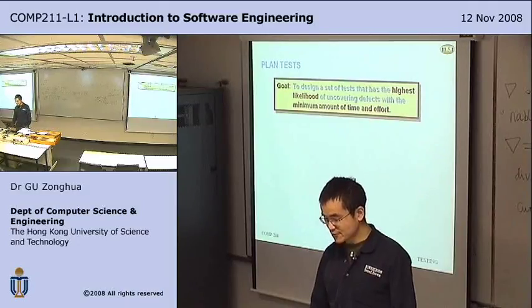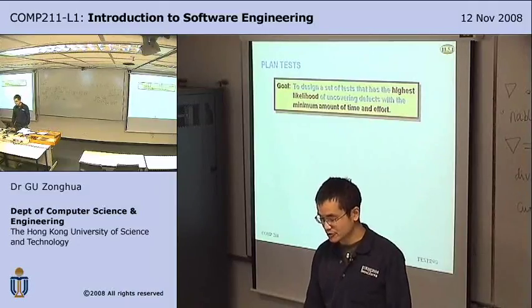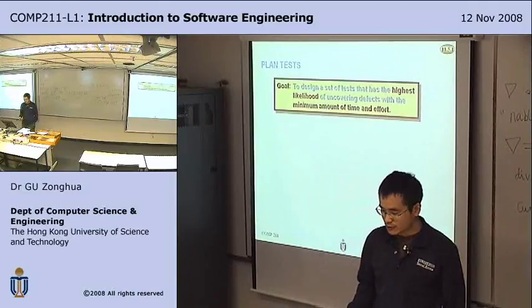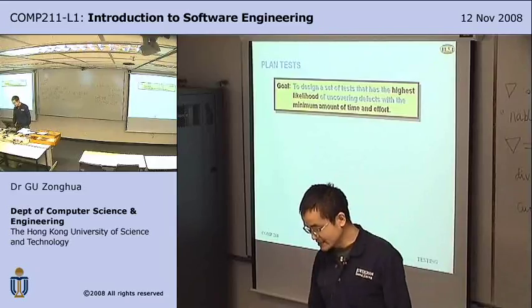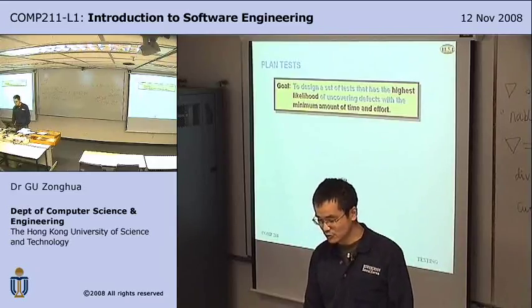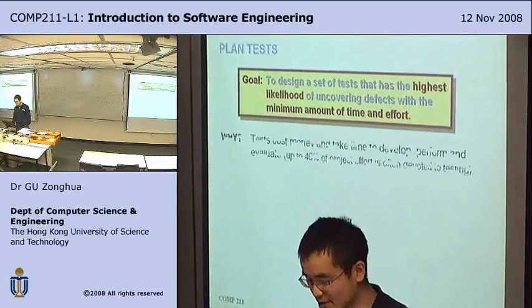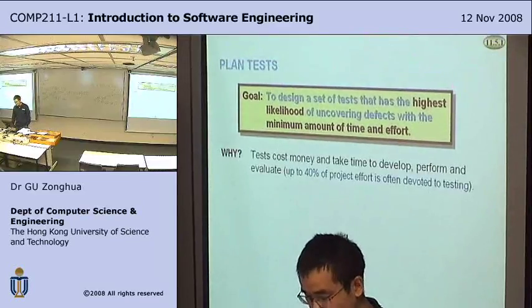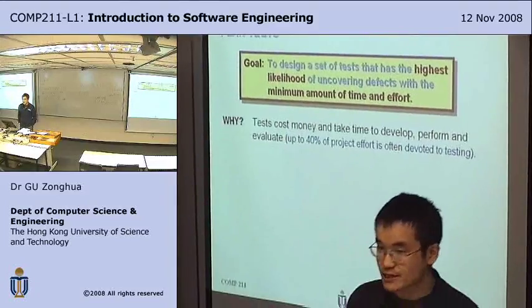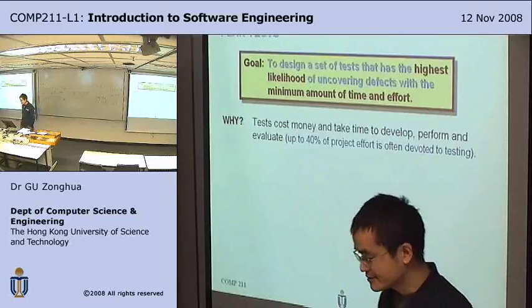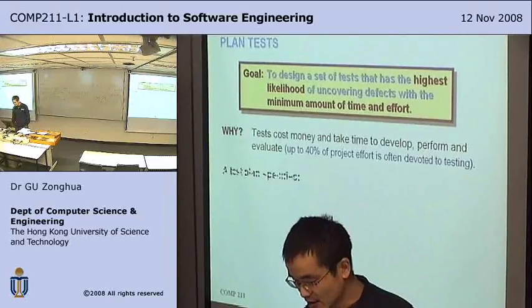That's why you need to plan tests, to design tests to have the highest likelihood of uncovering defects with the minimum amount of time and effort. Up to 40% of project effort is devoted to testing.